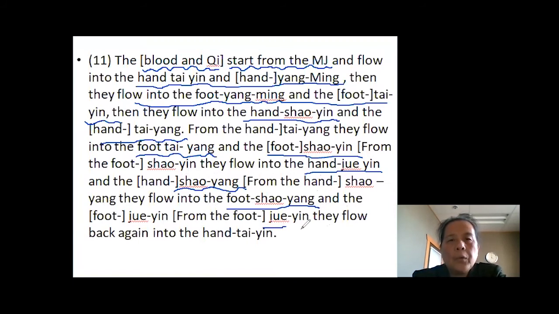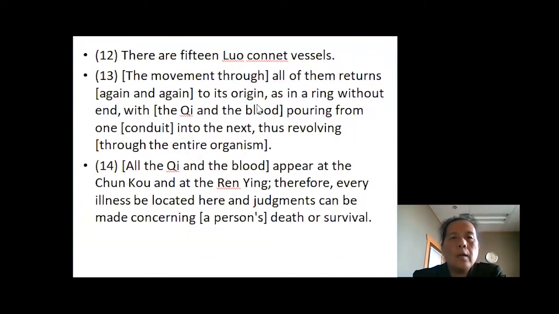And finally go to foot Jueyin, liver, and then go back to hand Taiyin, the lung meridian. So exactly the same as we will learn of the meridian qi flowing way. So that's the order flowing from one channel to another. Then talking about lower meridian. So 15 lower meridians.